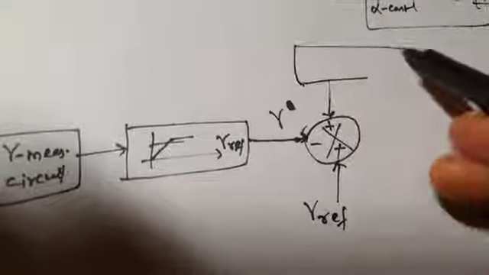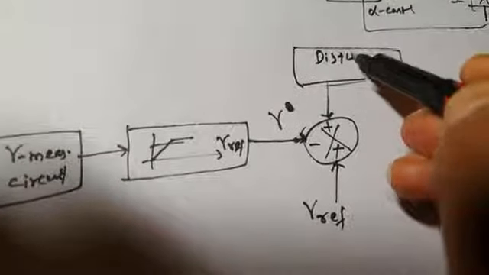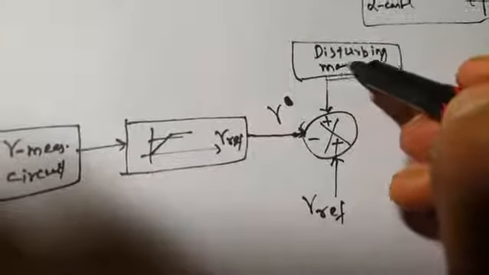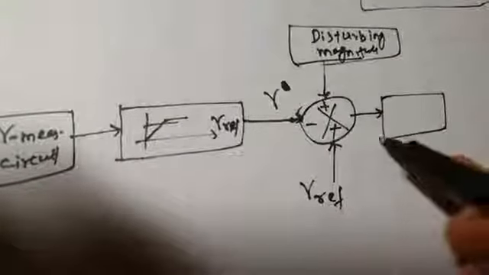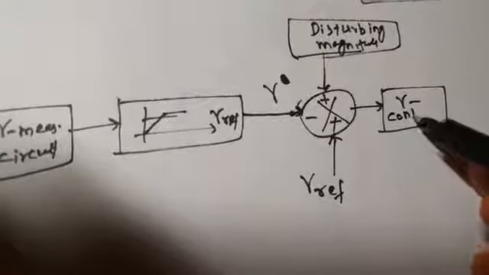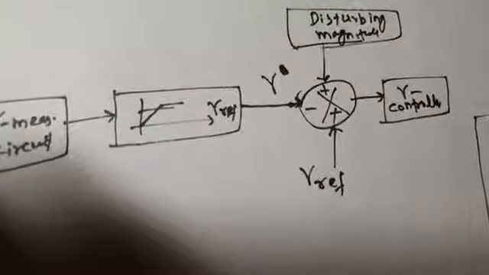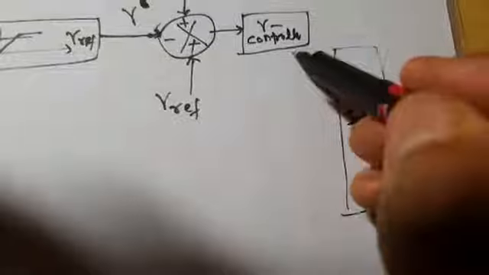I will write here disturbing magnitude. Some disturbance may get added to it, and then this is given to gamma controller, and then you have this selector. The gamma controller output is VC1, control voltage VC1.